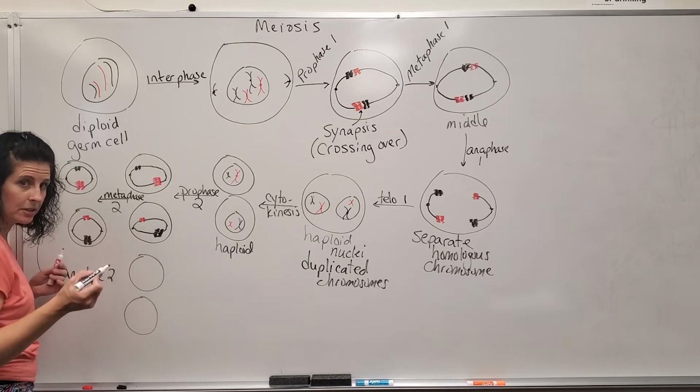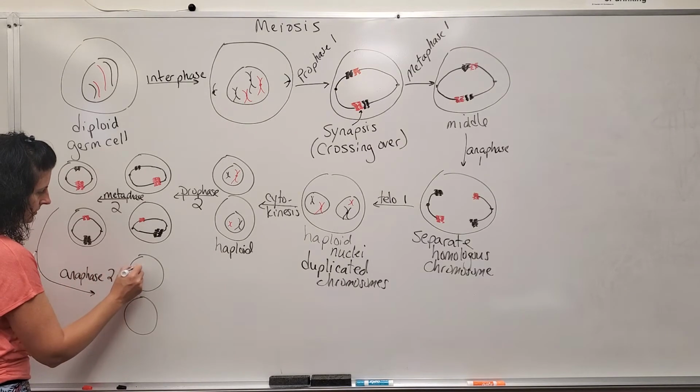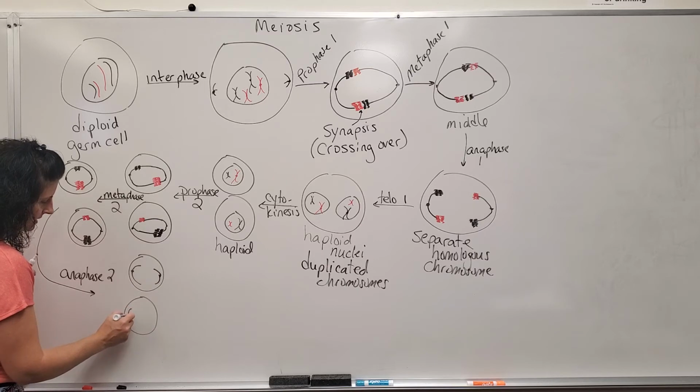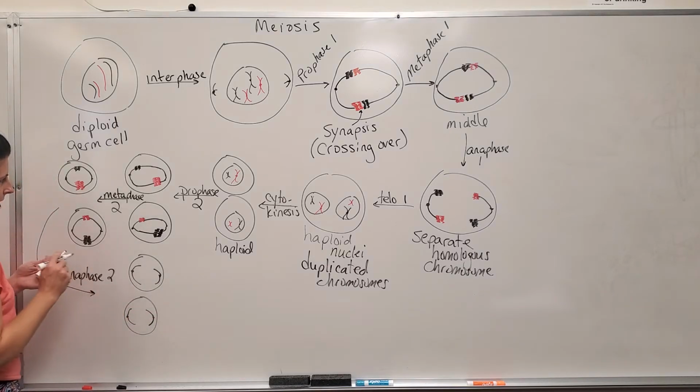So again, this is still occurring in both cells, but that centromere lets go, and our sister chromatids are going to separate.